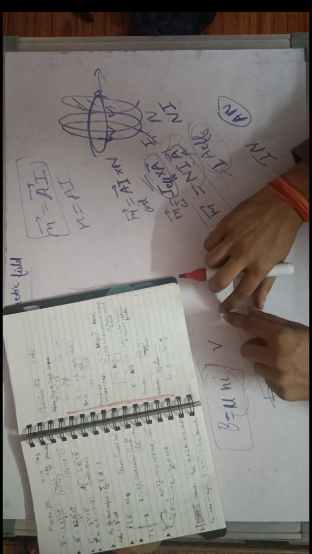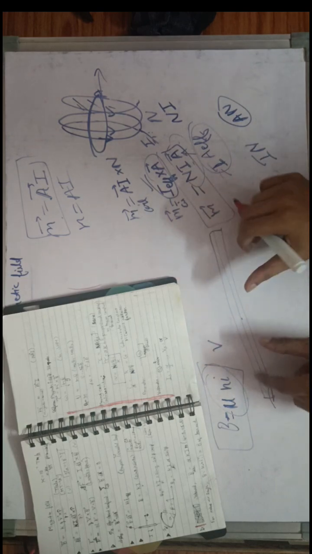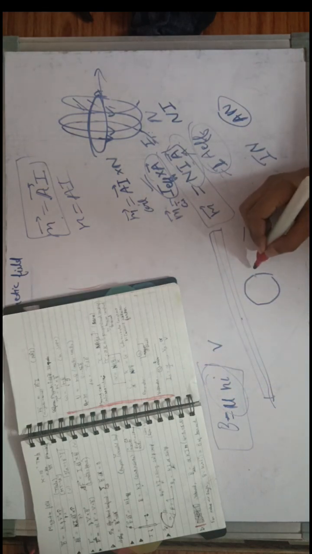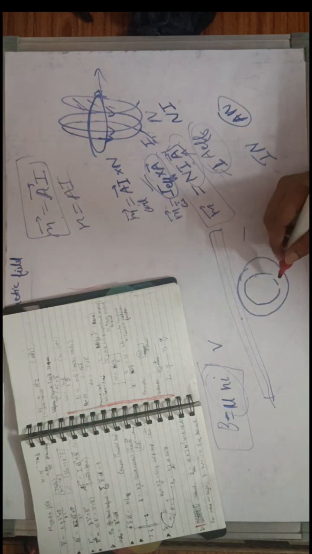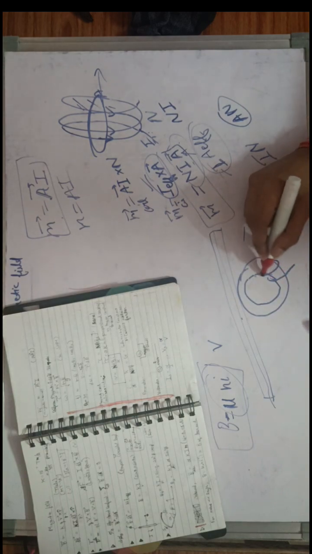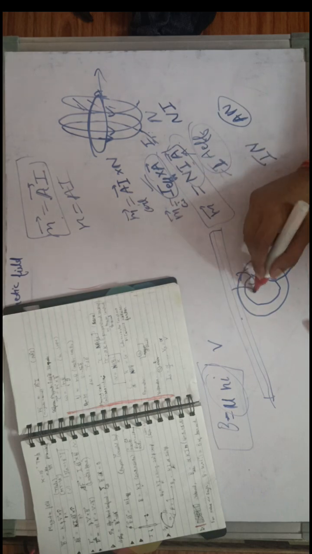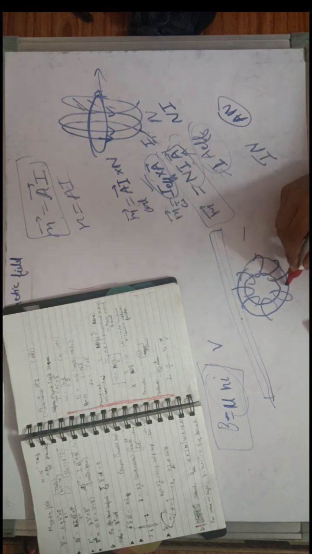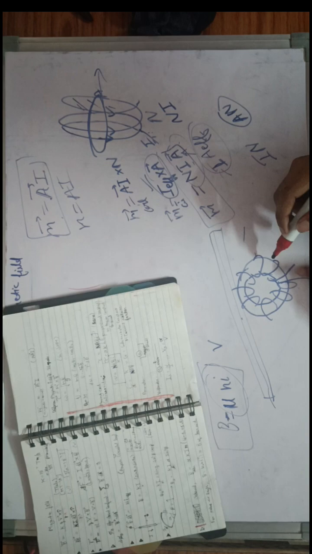And if I bend this whole solenoid to make a toroid, a toroid is like a wire goes like this and coiled around this ring, then this is called a toroid.